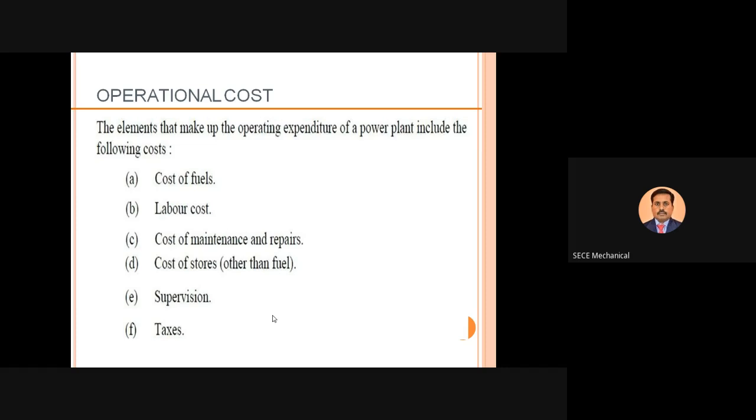The elements that make up the operating expenses of a power plant include the following costs: first, cost of fuel; second, labor cost; then cost of maintenance and repair; then cost of stores and supervision; and taxes. All these are related to operation cost.